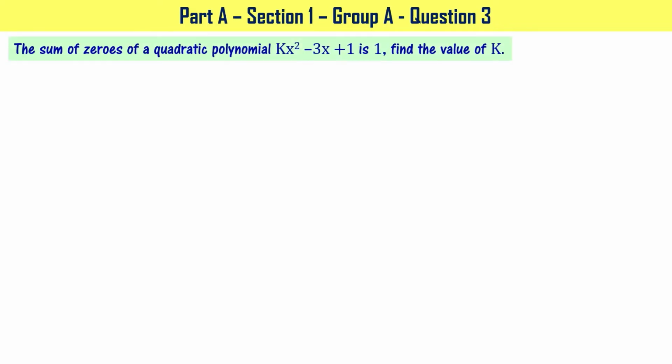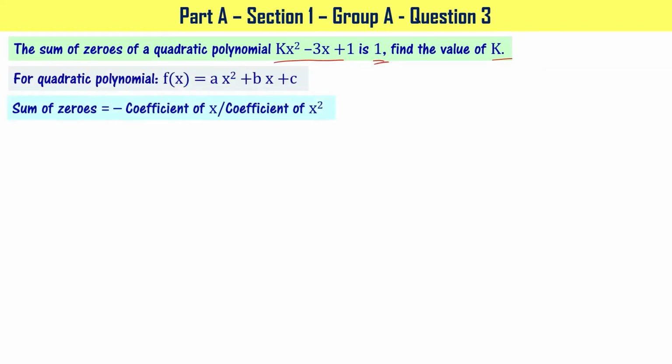The sum of zeros of a quadratic polynomial kx square minus 3x plus 1 is 1. Find the value of k. You're given a quadratic polynomial and it was said that the sum of zeros of the given quadratic polynomial is 1, and we are asked to find the value of k.